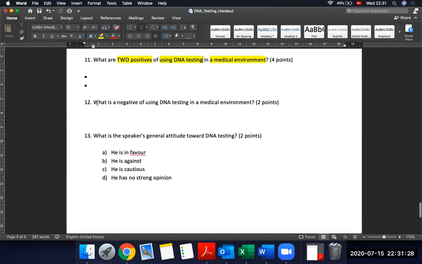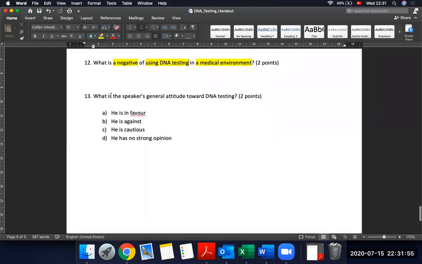Second question: what is a negative of using DNA testing in a medical environment? Here we understand that using DNA testing in a medical environment has both positive and negative sides. Here you need to write a negative of using DNA testing in a medical environment.